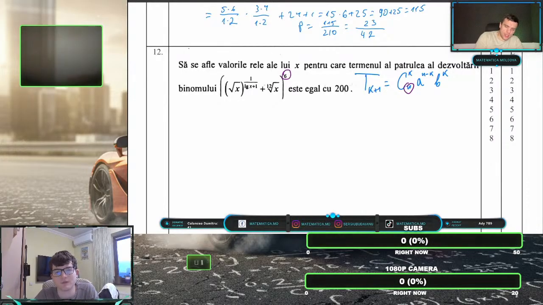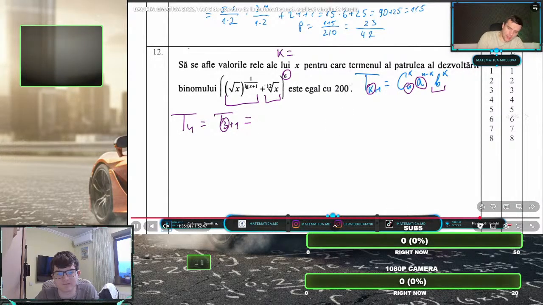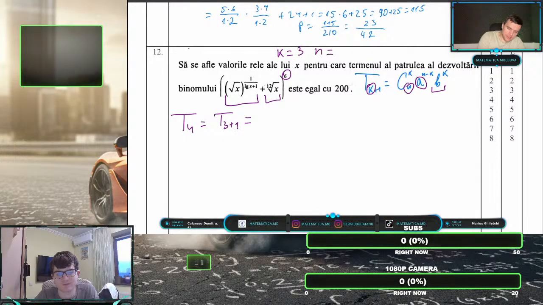Fuck this, man. Plus 1, because you take from the K, n is 6. Just took K from nowhere or what?